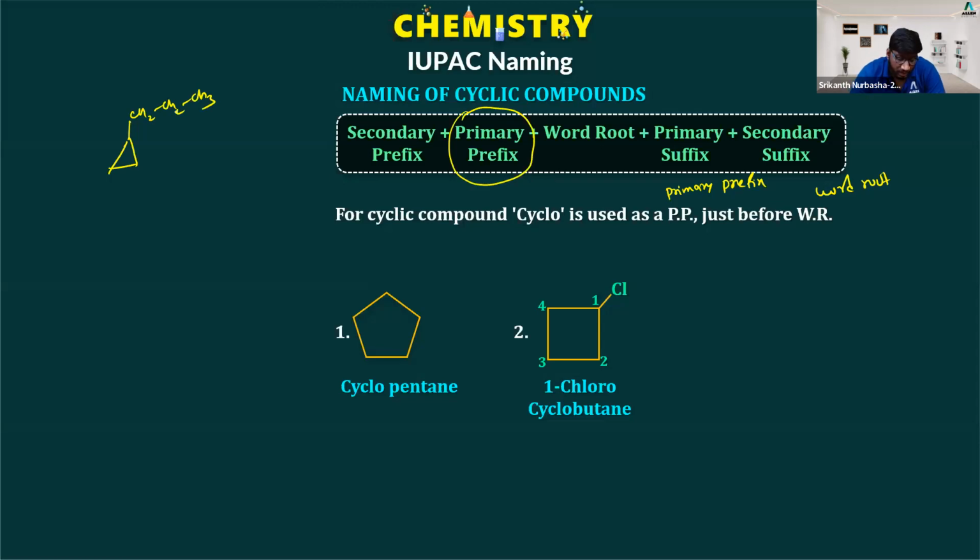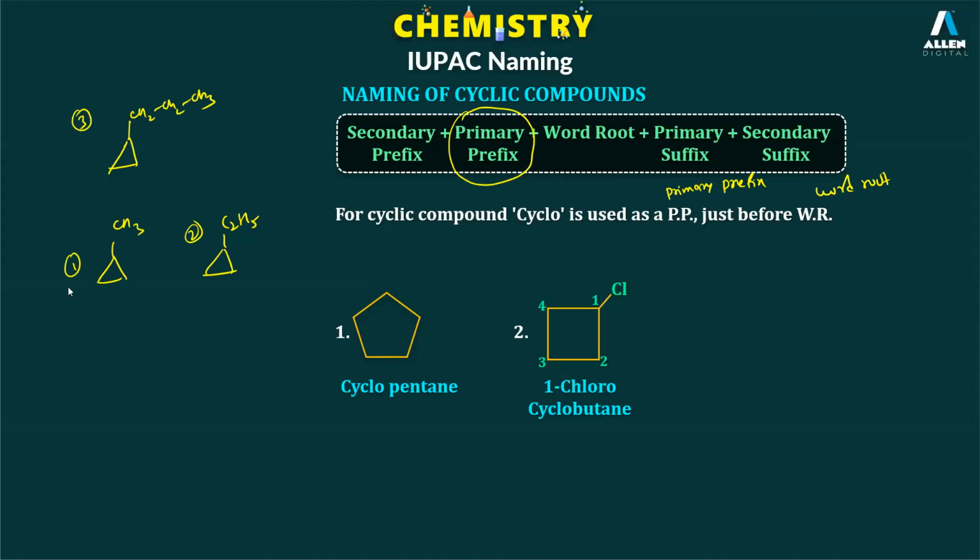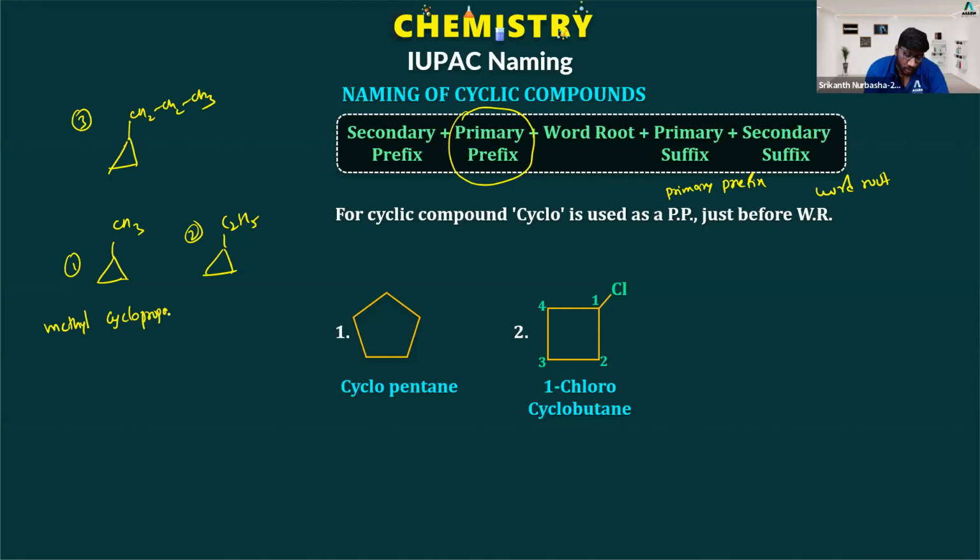Now, if I have a compound like CH3 or C2H5 or this one, what is the name of first, second, third compound? Methyl cyclopropane. Cyclopropane ring, and you have methyl substituent. Next one, ethyl cyclopropane. Third one, propyl cyclopropane. Or if you have equal number of carbon atoms in the ring as well as outside, which should be given the priority? Ring.